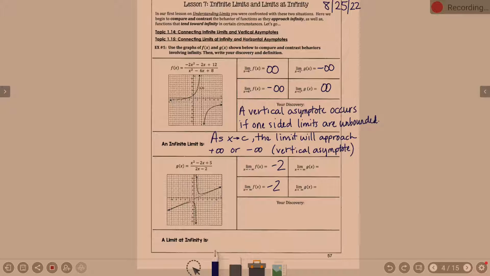Now I'm ready to look at the bottom graph. As x approaches negative infinity on g of x, as we go off to the left, what y value are we approaching? Negative infinity, right. Okay, so it's a slant asymptote. We haven't dealt with slant asymptotes a whole lot, but we have a little bit, right?